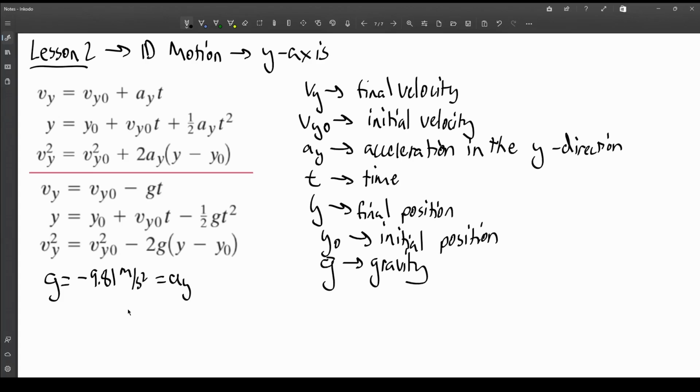So when we're talking about one-dimensional motion in the y-axis, your reference is that up is positive and down is negative. So if down is negative and the Earth is always pulling on objects downwards, that means that gravity itself must be a negative value. Therefore, it's negative in the purposes of this problem.